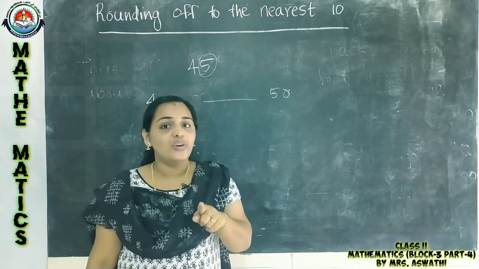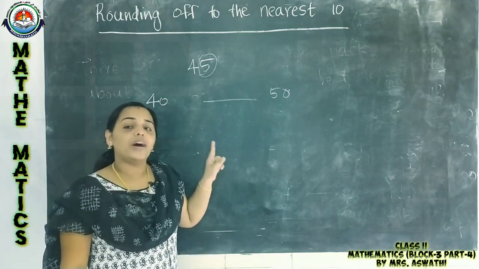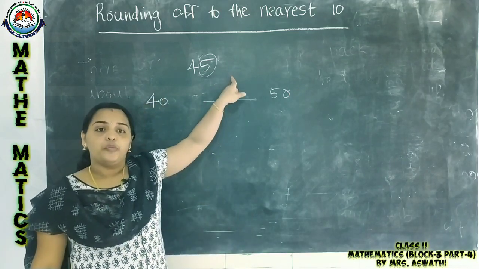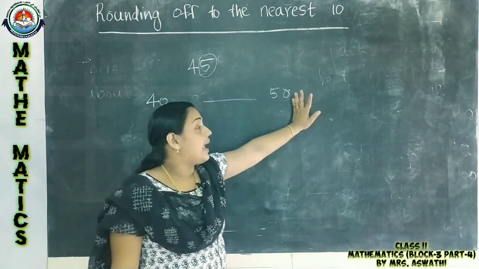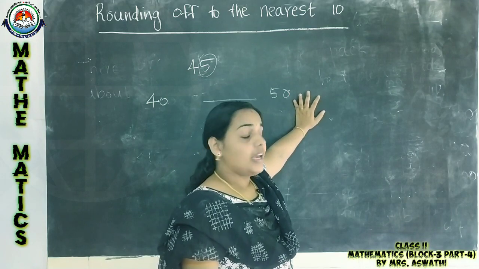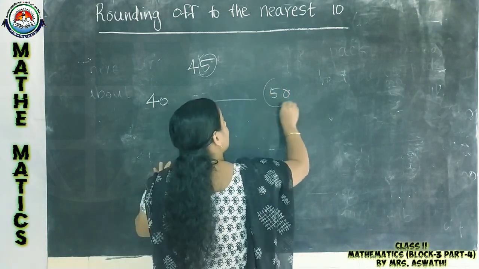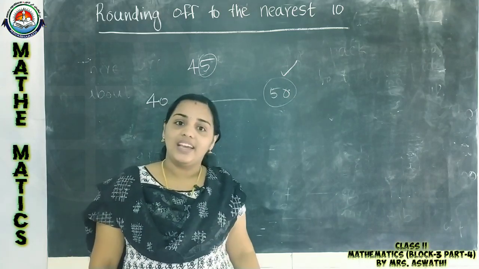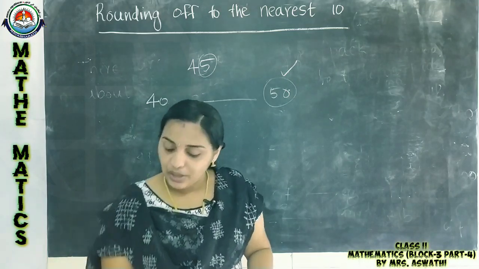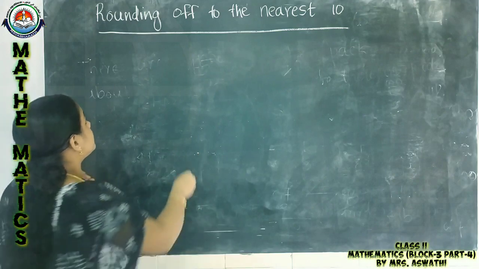I told you, if the number ends with 5, we round it off to the greater 10. Okay, so we round it off to the greater 10. Take your notebook and write it.